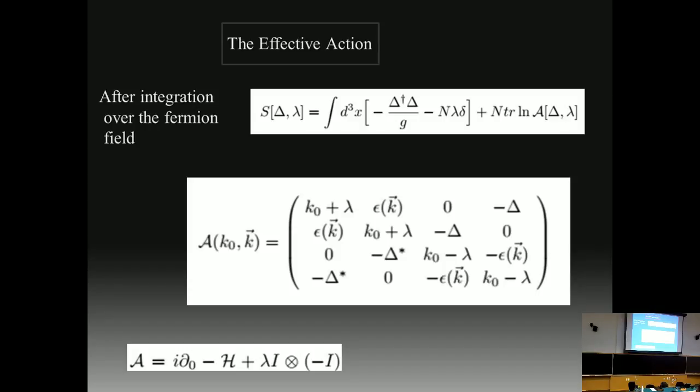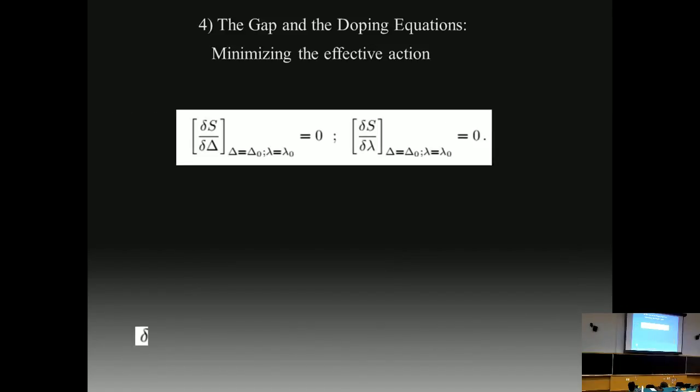So what we do is minimize the effective action with respect to delta and lambda, and thereby we obtain delta 0 and lambda 0, which are the values which minimize this effective action.